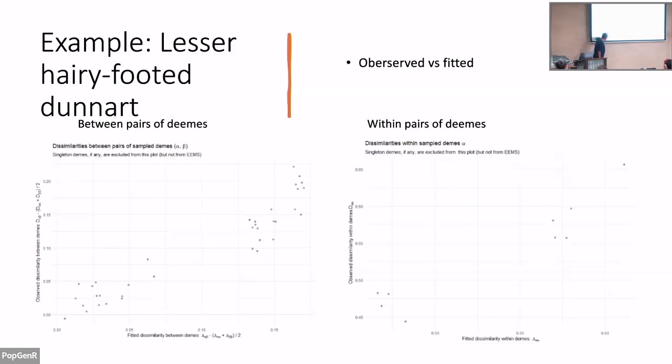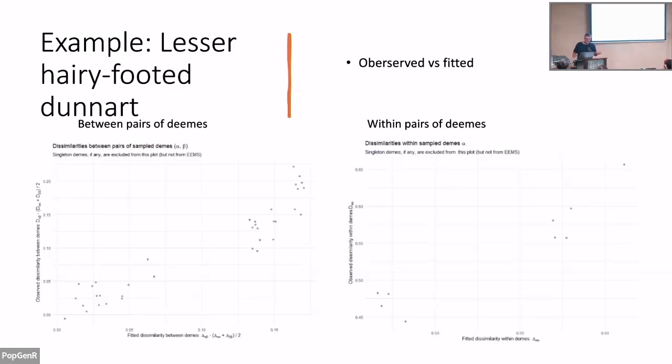This is the fitted dissimilarity from the model, yeah? And this is the observed dissimilarity. And obviously they should be nicely on a line, yeah? Then basically your model, which predicts certain dissimilarities, is really in line with the observed one. And you can see this is pretty good.